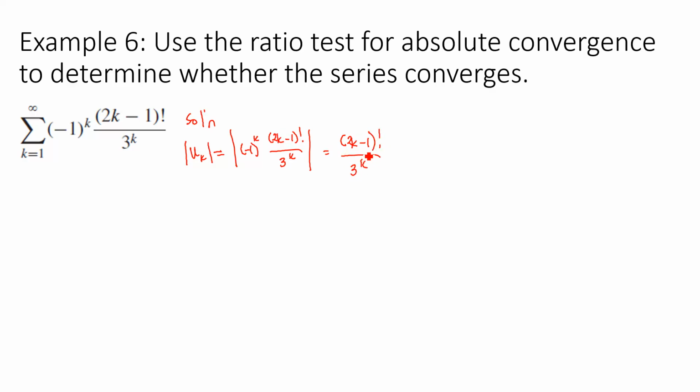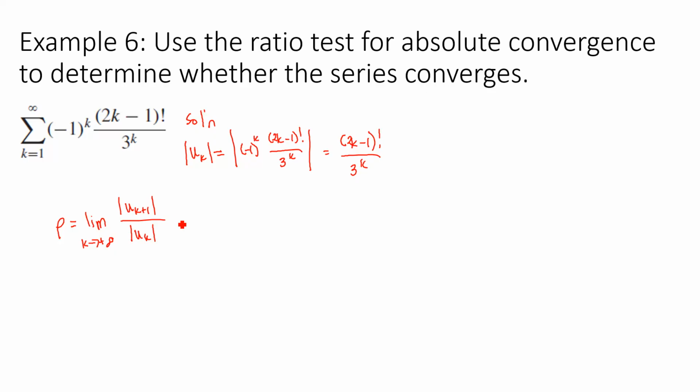Then we could have our rho. The rho is equal to the limit of the absolute value of u sub k plus 1 over the absolute value of u sub k as k approaches positive infinity.